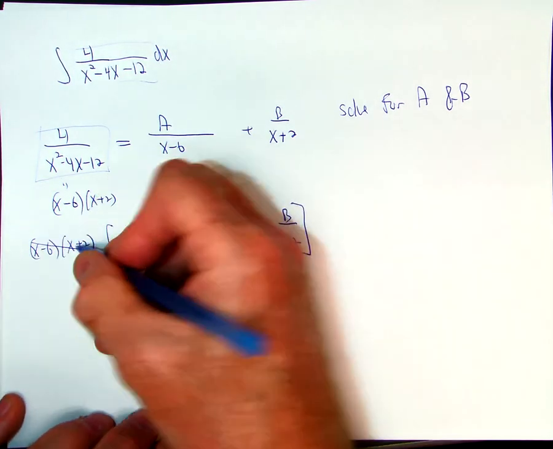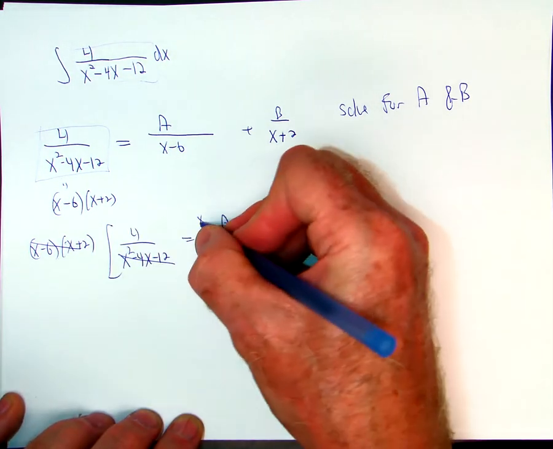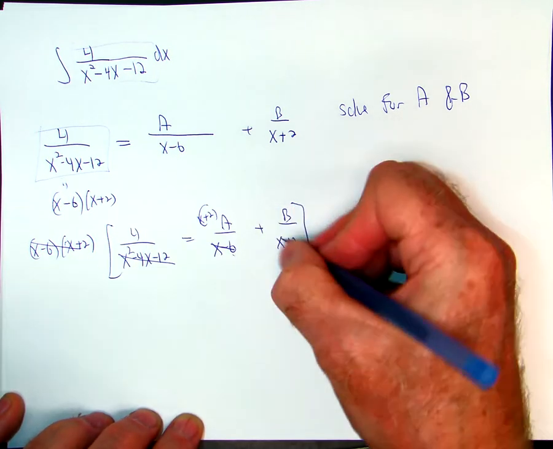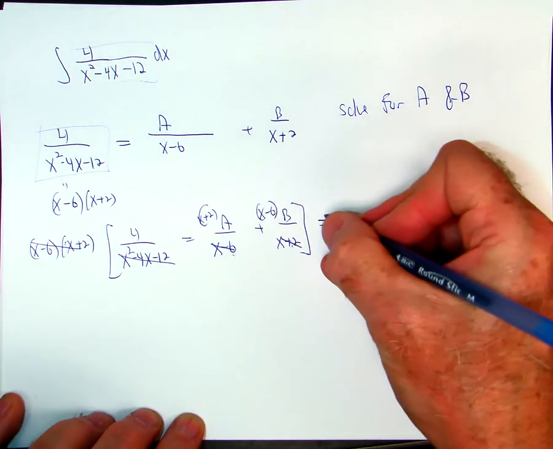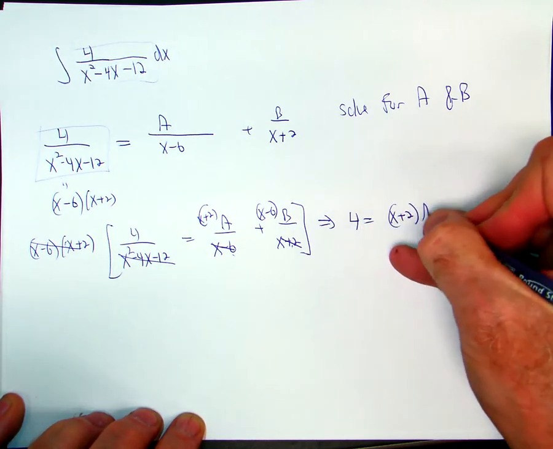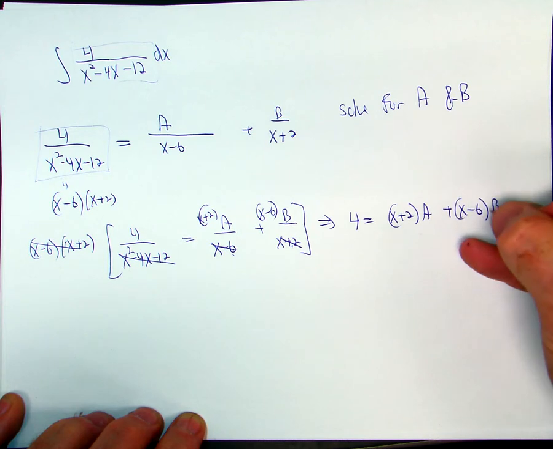So that times that cancels completely. This times this leaves me an x plus 2. This times this leaves me an x minus 6. So what I end up with is 4 equals x plus 2 times A plus x minus 6 times B.